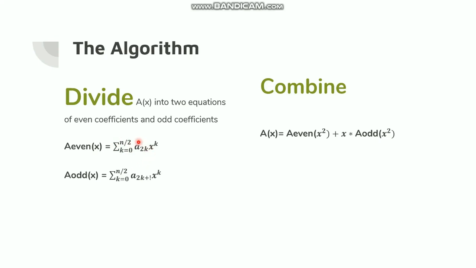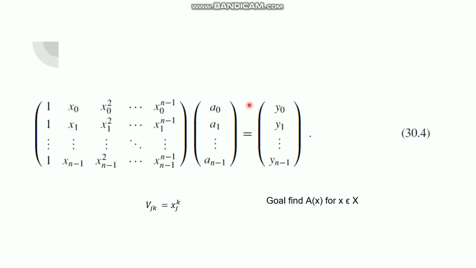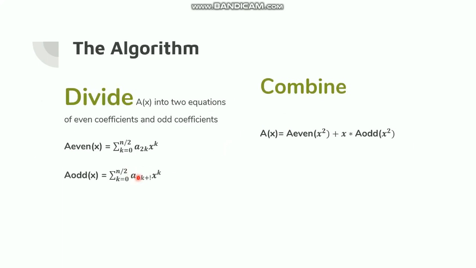So a_2k would just be the even coefficients here, and this will be done also for odd, except instead of 2k we would use 2k plus 1. Then we get the resulting vectors from here and here, and then combine them, and then we will get our A of x.